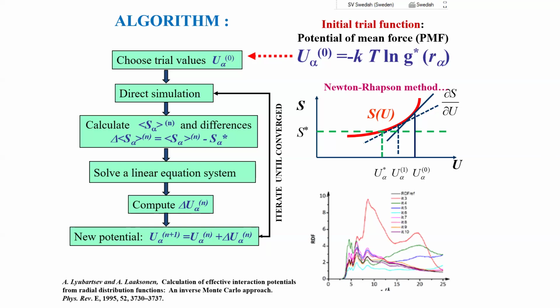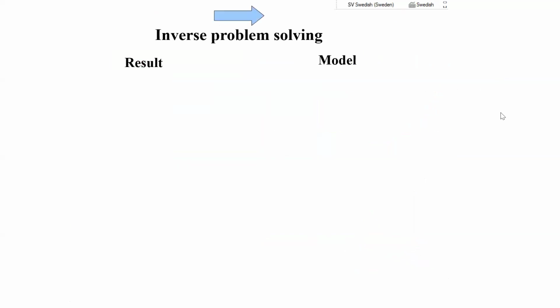It converges to the original all atom radial distribution function, and when this happens, then this iterative process has converged, and we have a coarse grain effective potential which doesn't need any solvent molecules. So basically, we solve the inverse problem in physics, and this means that we start from results and get the model, but not necessarily in the same level of accuracy.